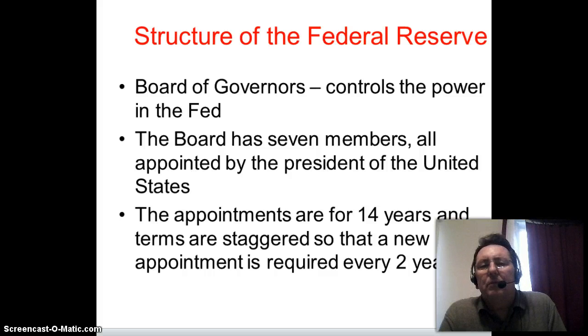The appointments for the Board of Governors are for 14 years, and the terms are staggered so that a governor's appointment expires every other 2 years. That way, the intent is to prevent the president from having undue control over the Federal Reserve Agency. It was set up originally to be an independent agency separate from the executive or presidential branch, and that's why we've got that staggering of appointments.